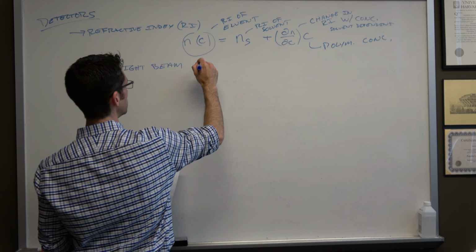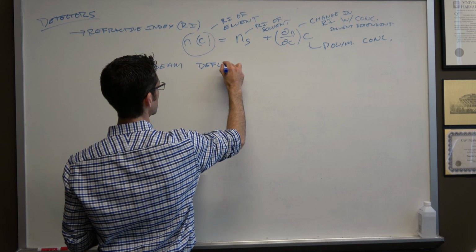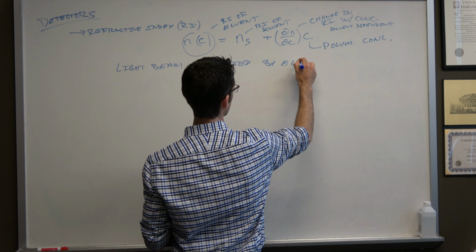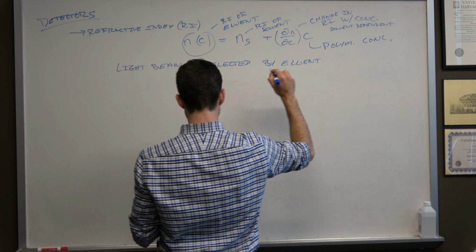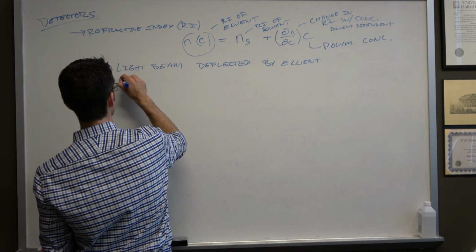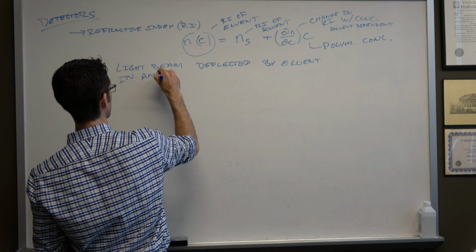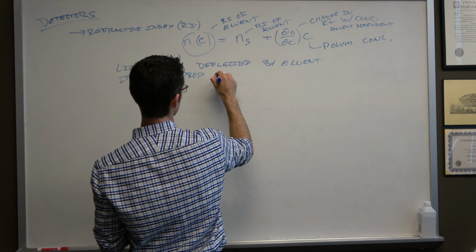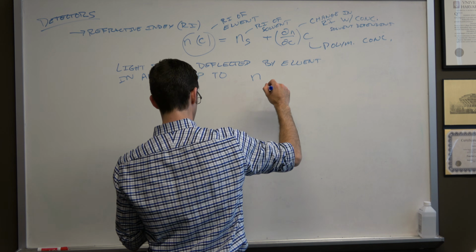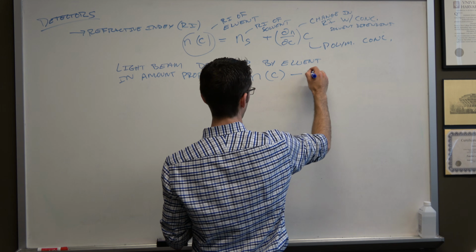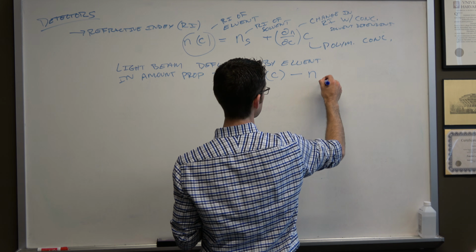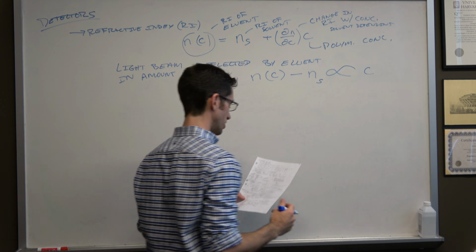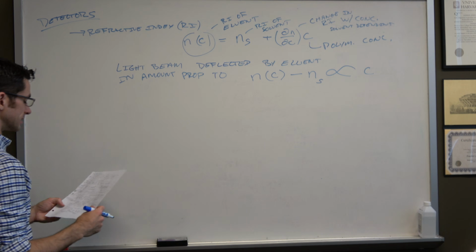So the light beam will be deflected by the eluent in an amount proportional to n of C minus n of S, which will be proportional to the concentration once we determine what dN/dC is.